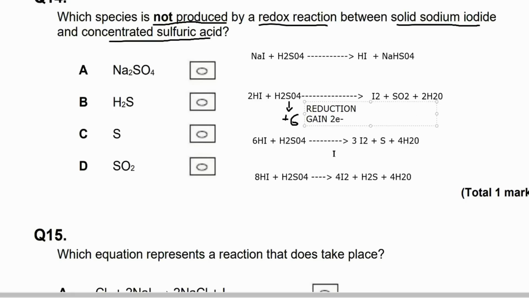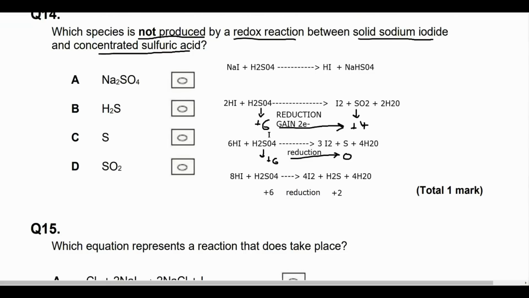And I'll just show you why these are all redox. In the second reaction, the sulfur gains 2 electrons, so is reduced from +6 to +4. In the next reaction, the sulfur goes from +6 to 0. So that's reduction again, as you're gaining 6 electrons. And then in the last reaction here, we've got it gaining 8 electrons.